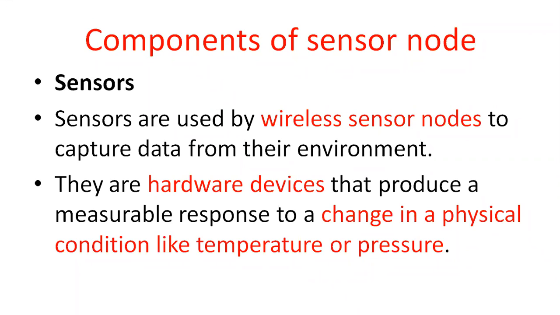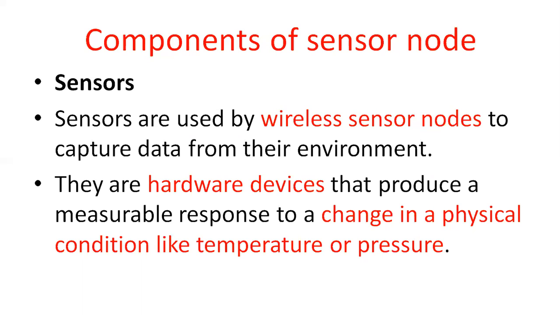These sensors may be hardware devices that produce a measurable response to a change in physical condition, like temperature. If you want to measure a change in temperature or pressure, you use the corresponding type of sensor.